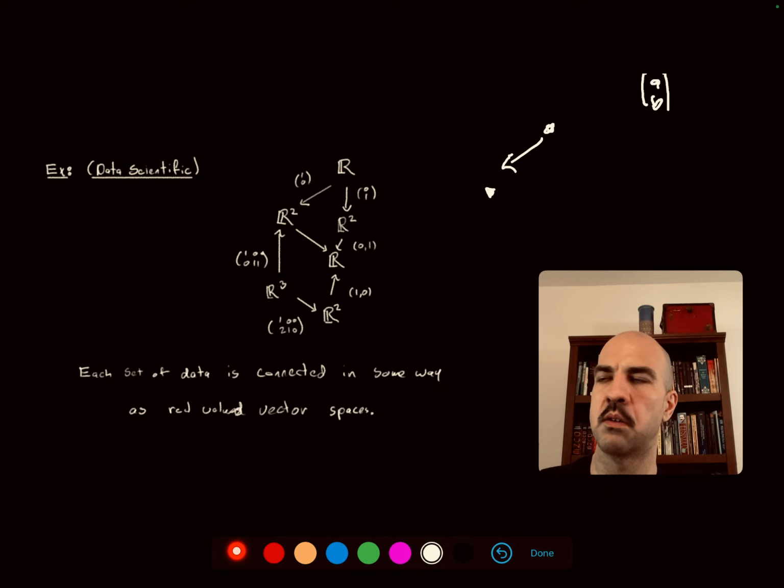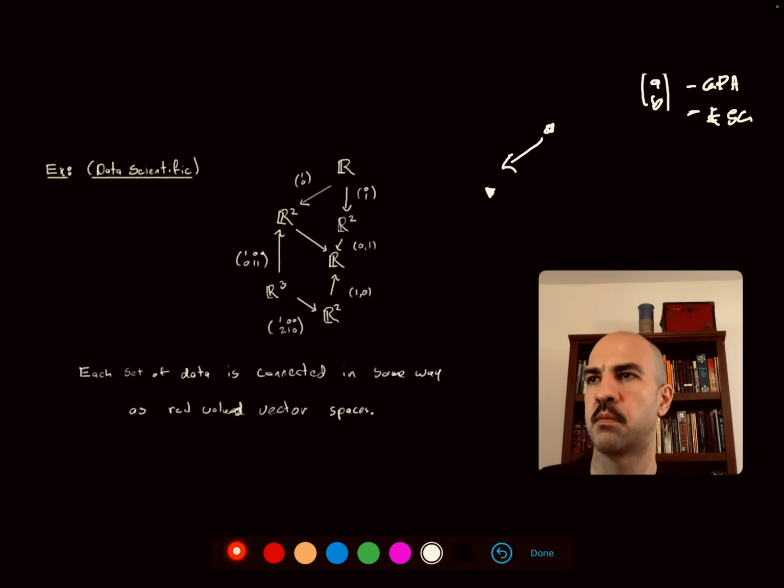And this could be some real concrete data point, the GPA of a student, the number of scholarships, etc., and these can have all sorts of associations to how well they'll perform. It could be that this is their data from when they were in high school, college, graduate school, and then they're all related in this way. And then this gives us the associations between all the data points, along with restriction maps that take us from one of the data points to another.